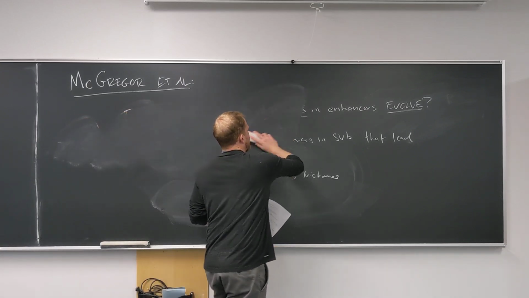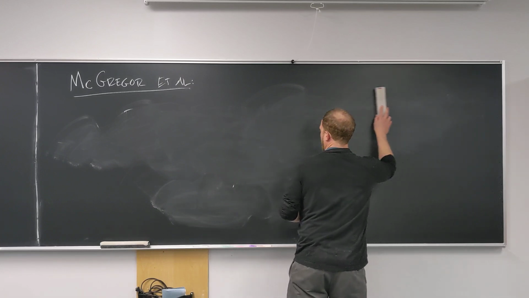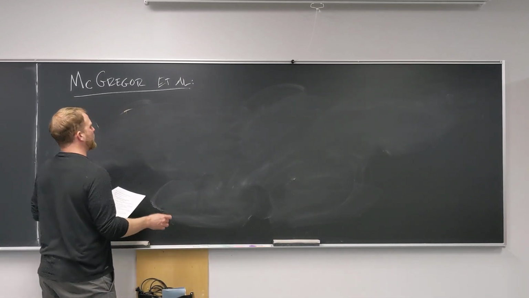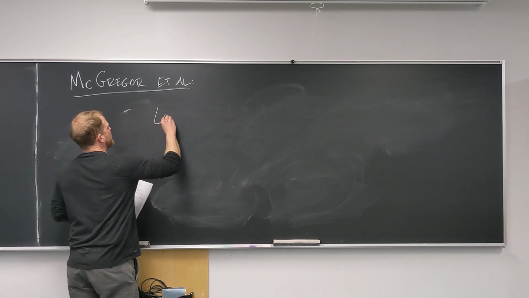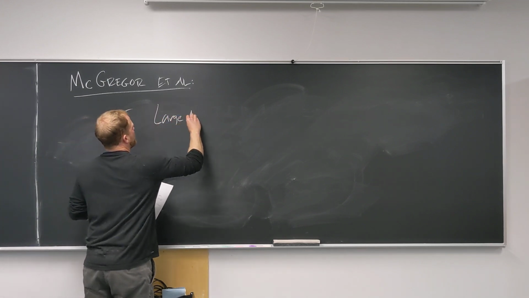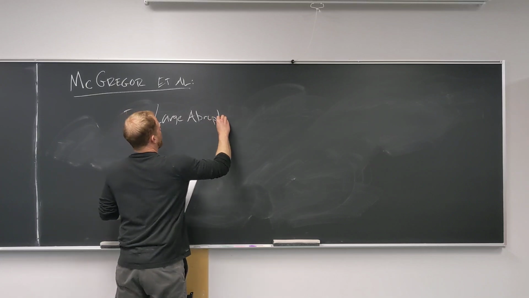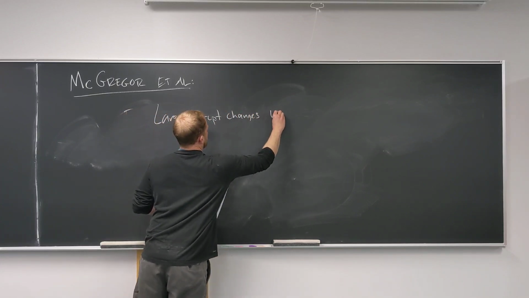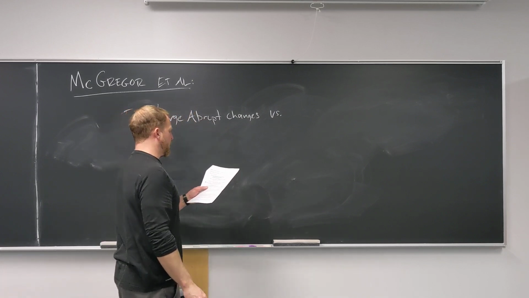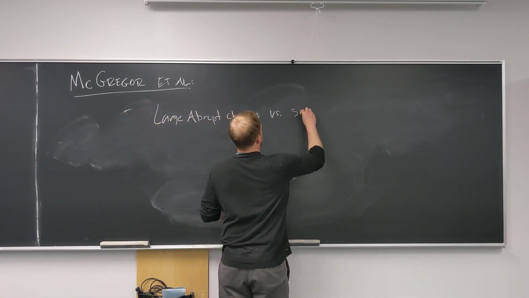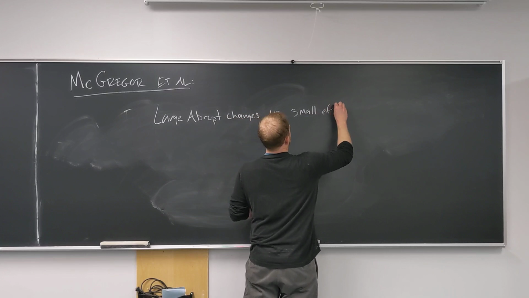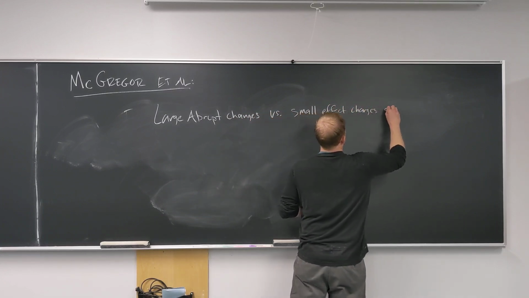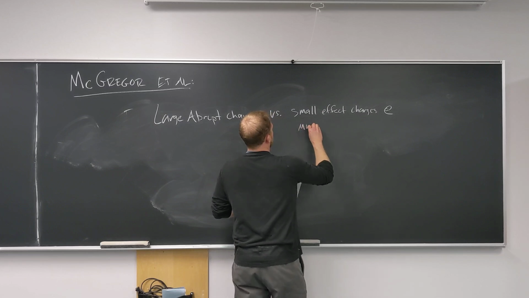And a little bit about the big picture of this paper and this idea that they were trying to contrast large, abrupt changes with small effect changes at multiple locations.